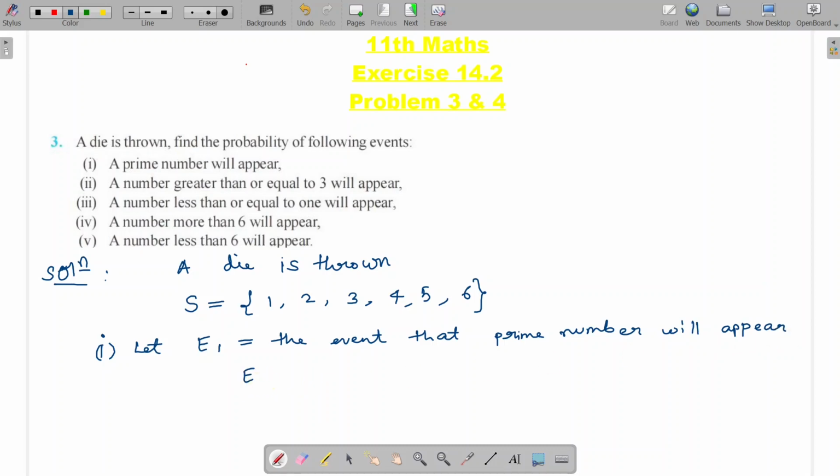So event E1 will consist of 2, because 2 is a prime number in the sample space, then 3, right, and then 5. So E1 will have 3 elements here, so that means number of elements in E1, n of E1, is equal to 3, right?